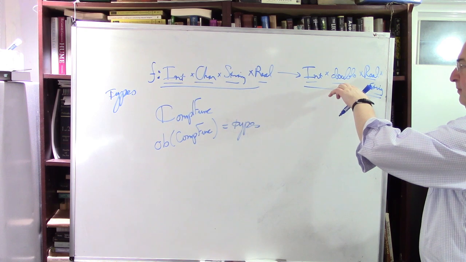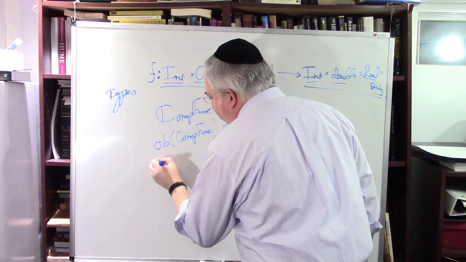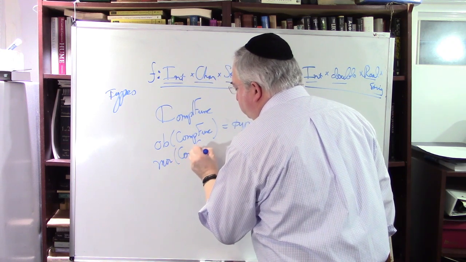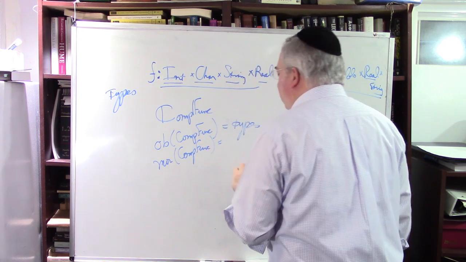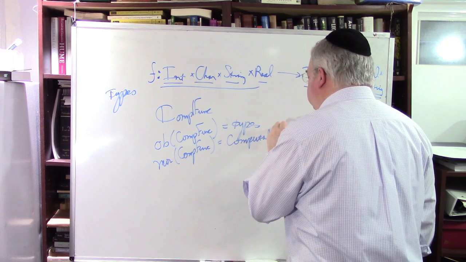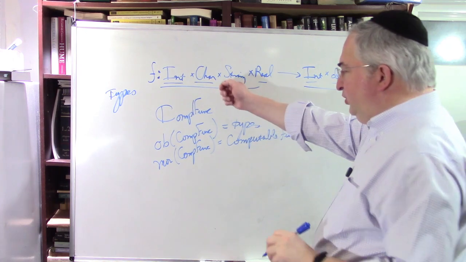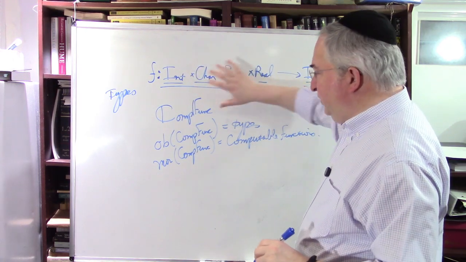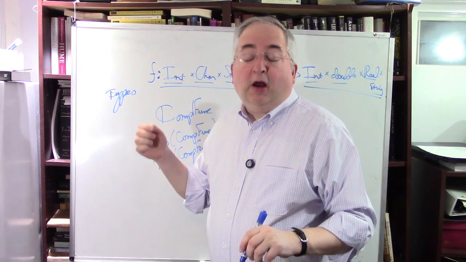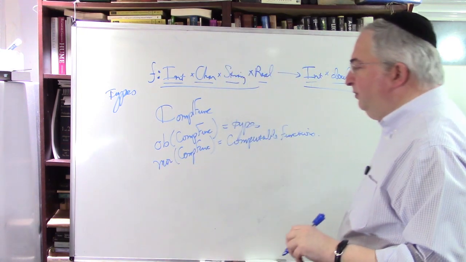Some programming languages do have doubles, some don't, et cetera. And the morphisms are computable functions. What do I mean by that? They're functions that accept inputs of this type, have outputs of this type, but you can write a computer program that does this function. So they're called computable functions.